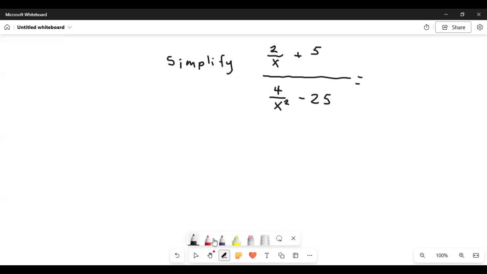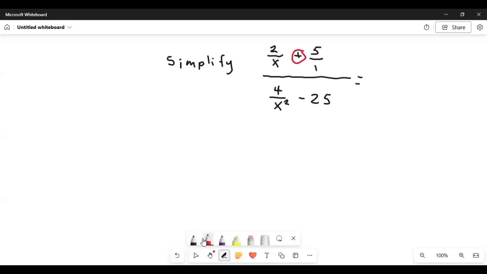For the first method, we are going to start by just looking at the top of the big fraction. You can ignore what's on the bottom for the moment. On the top of the big fraction, we technically have a fraction plus a fraction because 5 can be written as 5 over 1.